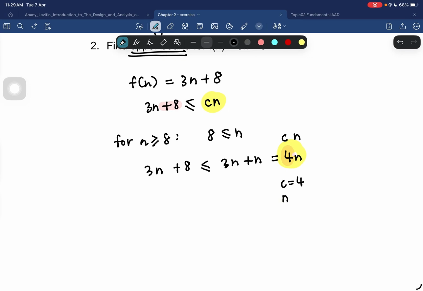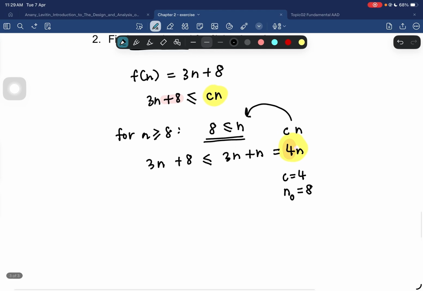How do we know n0? Because earlier we were comparing this, so n0 is 8. Thus the conclusion: 3n plus 8 belongs to O(n).